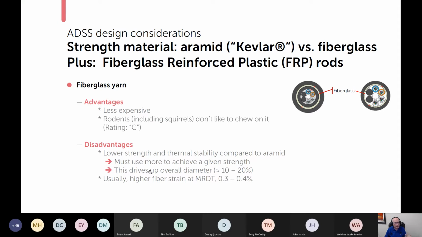And because of its properties, you're going to end up with typically higher fiber strain at that maximum rated design tension. So instead of 0.2, which is where you would like to keep it, you're going to be taking a little bit more design risk with fiber strain in the range of 0.3 to 0.4%.